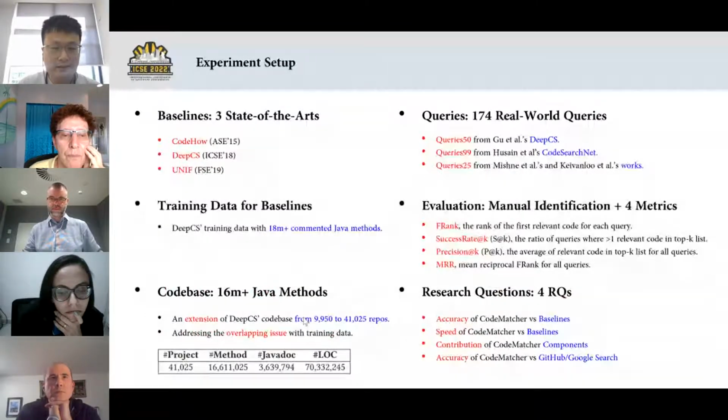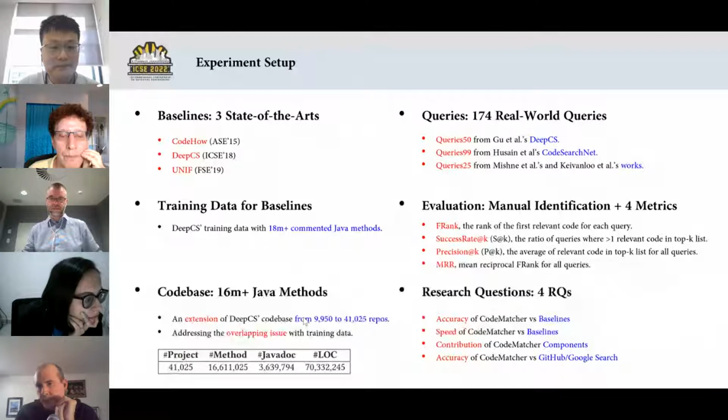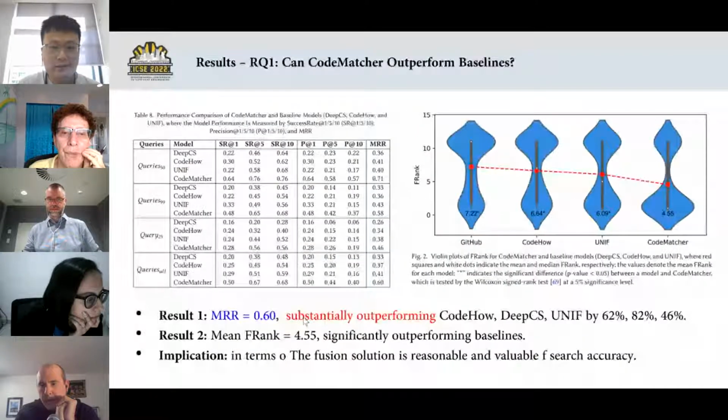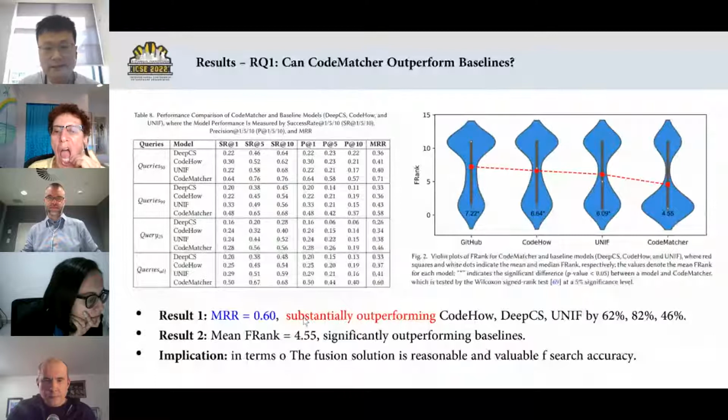Then we compare Code Matcher with three baselines, tested on our large-scale code base with over 60 million Java methods. Our experimental results showed that Code Matcher significantly outperforms two deep learning models and one information retrieval model.